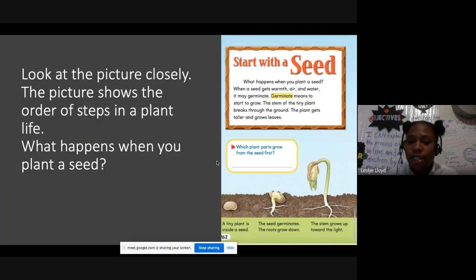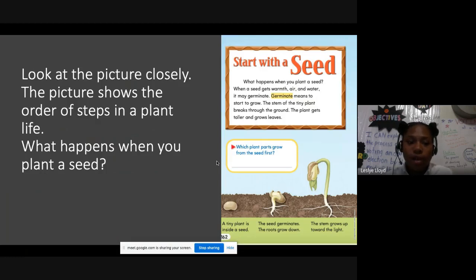In the yellow box, it says, which plant part grows from the seed first? At the bottom, where it's green, near the seed, it says a tiny plant is inside a seed. The seed germinates, the roots grow down, the stem grows up toward the light.